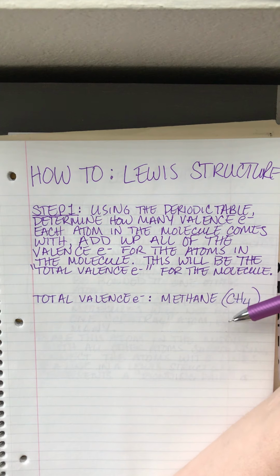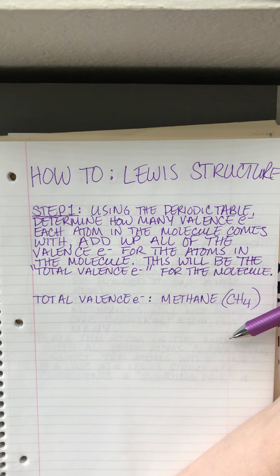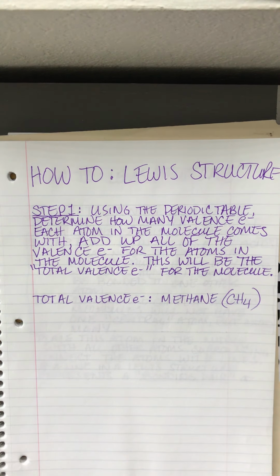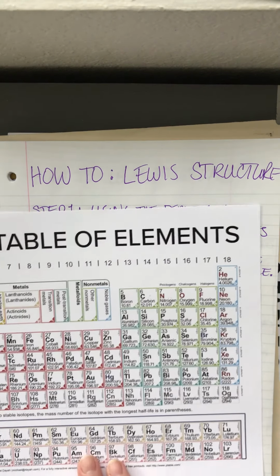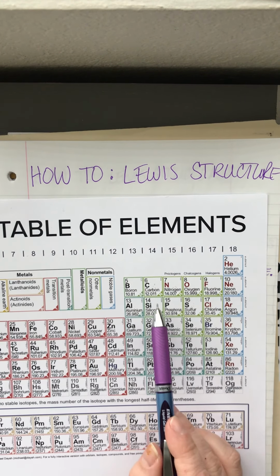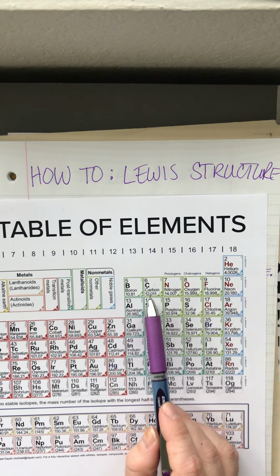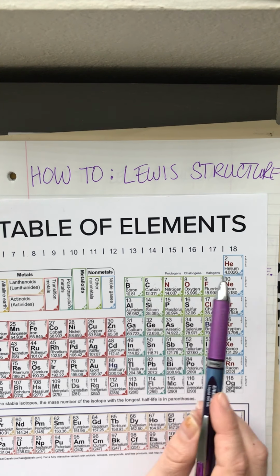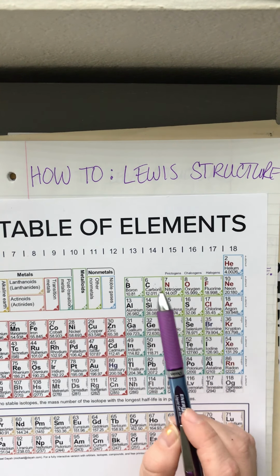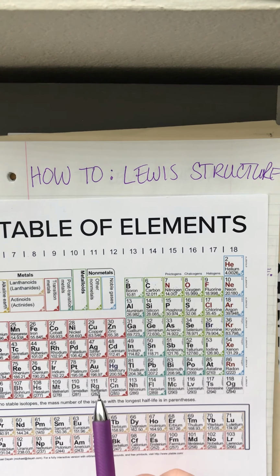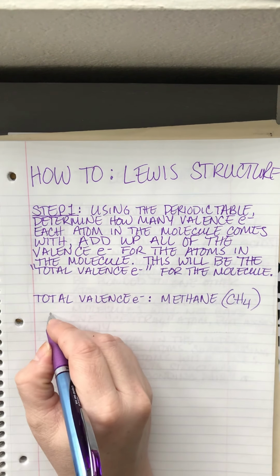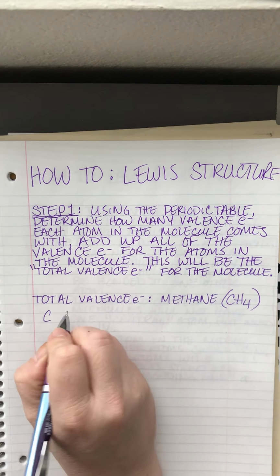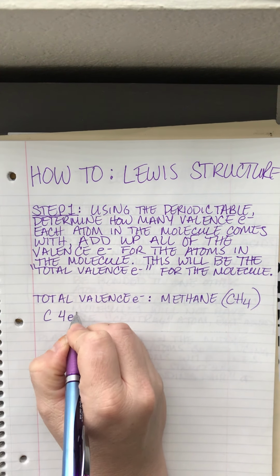The molecule we're working with here is going to be methane, CH4. The first thing we have to do is look for carbon on our periodic table. Carbon has 6 total electrons, but 2 of them are core, which means that there are 4 valence electrons. So carbon has 4 electrons.